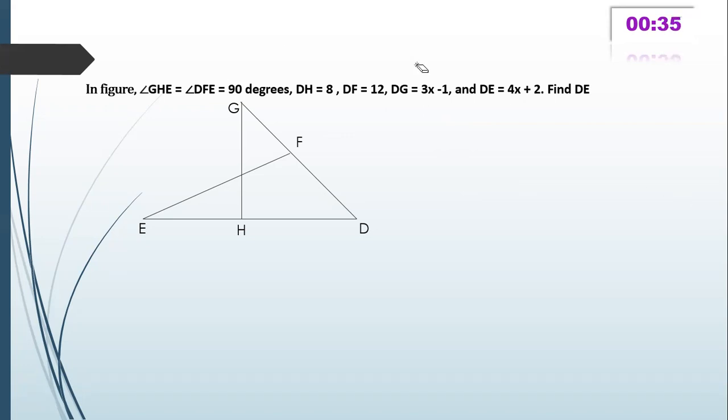Keshav, you are right. Okay, so the time is up.